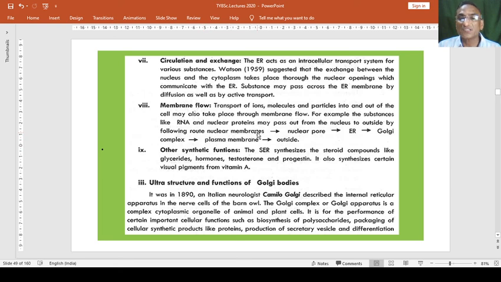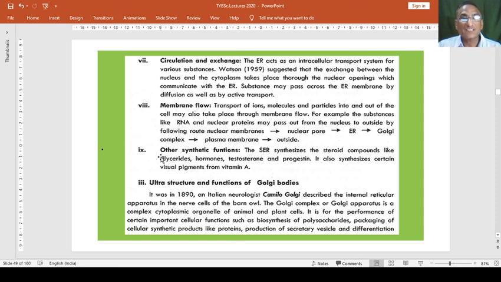Then it passes to the nuclear pore, from the nuclear pore to the endoplasmic reticulum, from the endoplasmic reticulum to the Golgi complex or Golgi bodies. From here, it passes to the plasma membrane, and from the plasma membrane, it is thrown outside the cell body. So this is the way through which the membrane flow system is maintained or regulated.